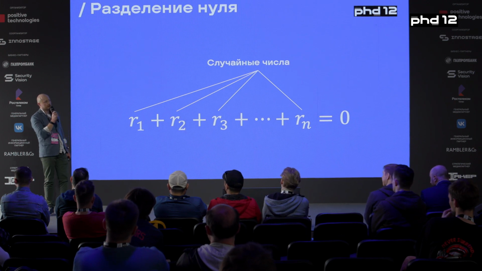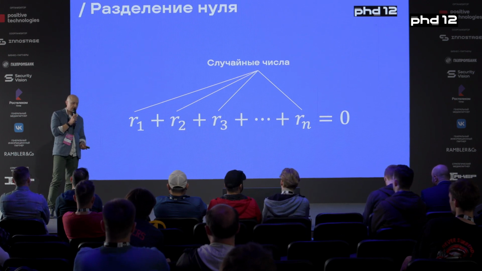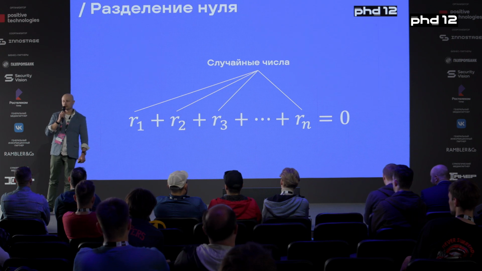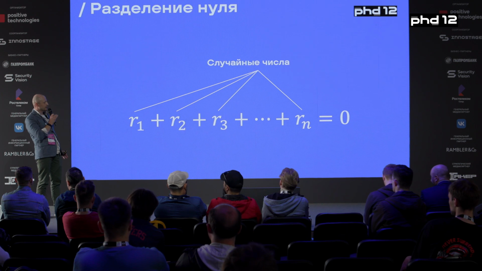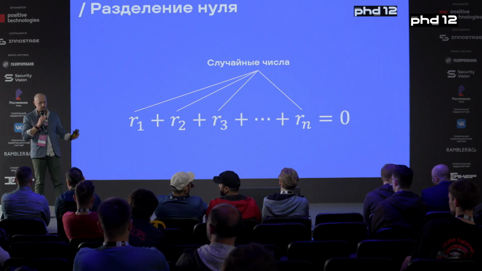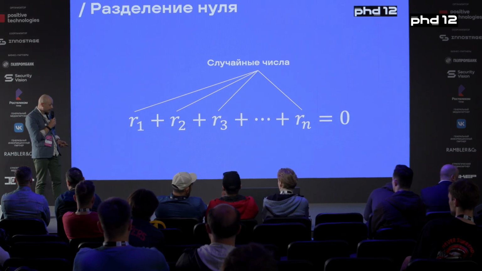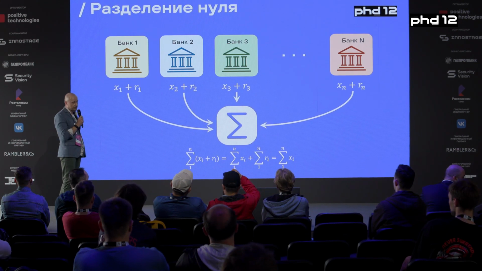randomly divide the 0. The idea is, if you work a little bit with random number generators or pseudo-random generators, you will be able to make the parties generate numbers that give 0 together.